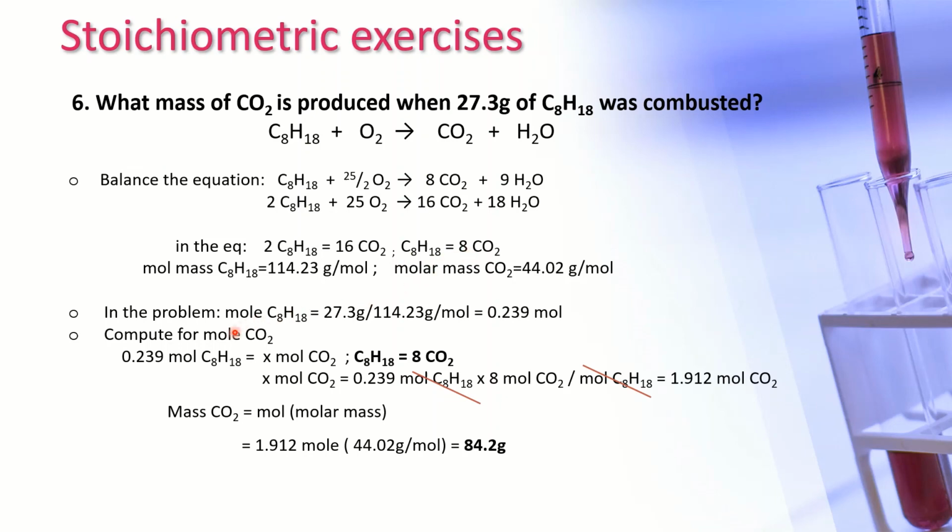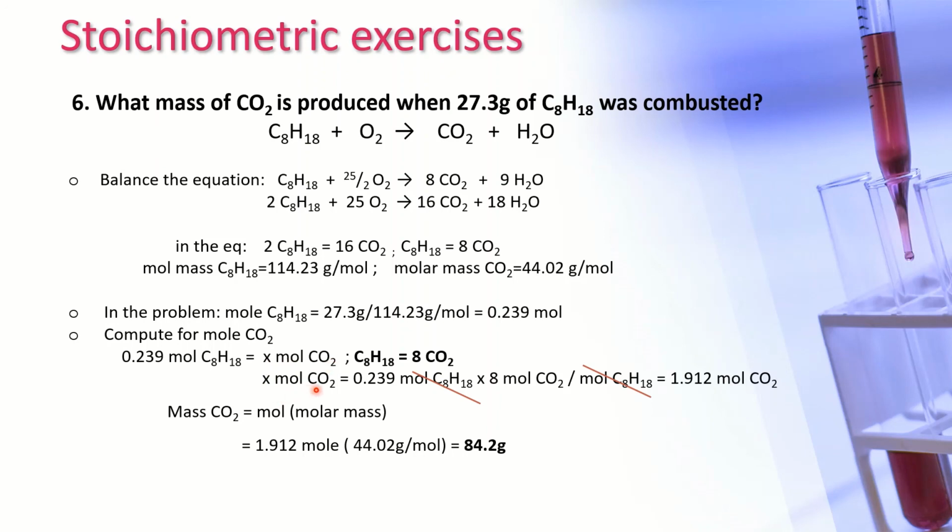So in the problem, we need to solve for the mole of octane, which is equal to 27.3 grams over 114.23 gram per mole is equal to 0.239 mole. The mole of octane now will be used to solve for the mole of carbon dioxide. So 0.239 mole octane is equal to x mole carbon dioxide.